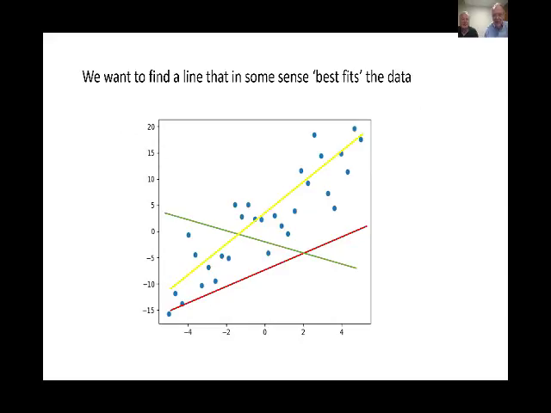But of course, we have to really define what it means for a line to fit these points. We can't draw a line that goes through all the points. That's not possible. They're not linear. So let's define what it means to be the best fitting line.